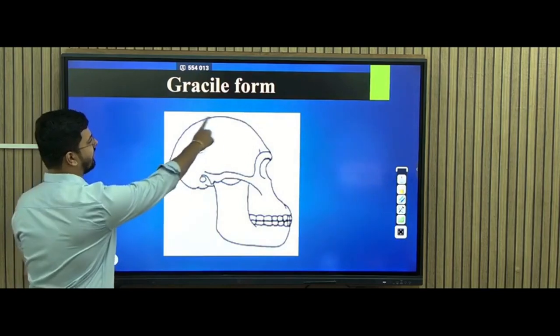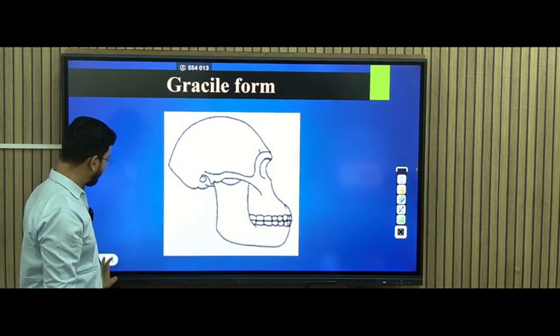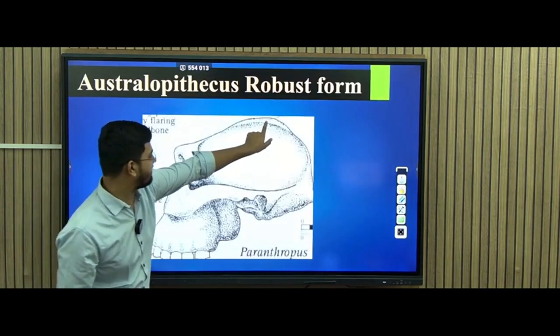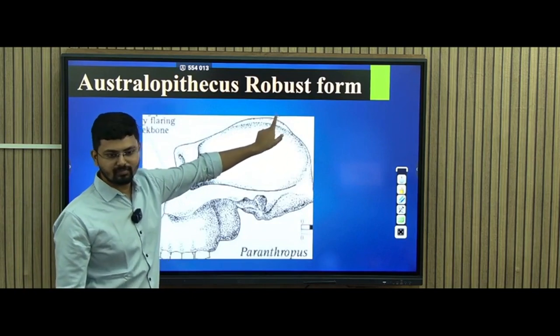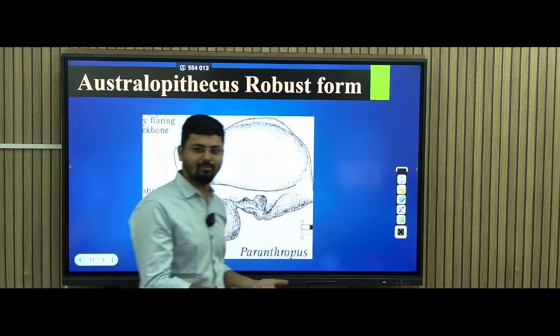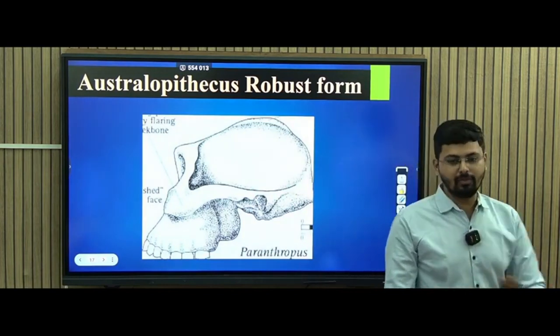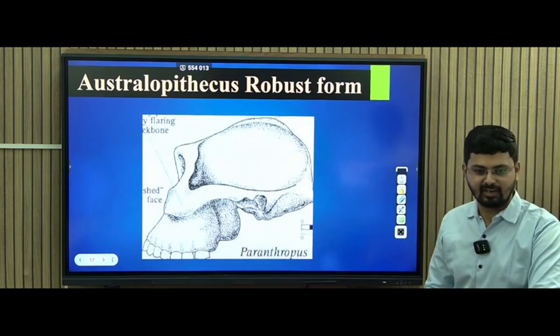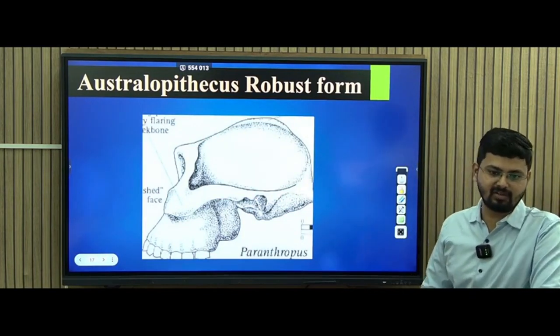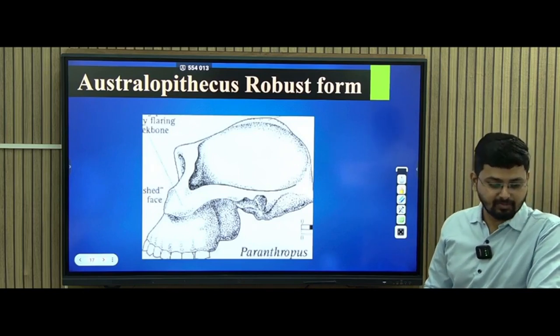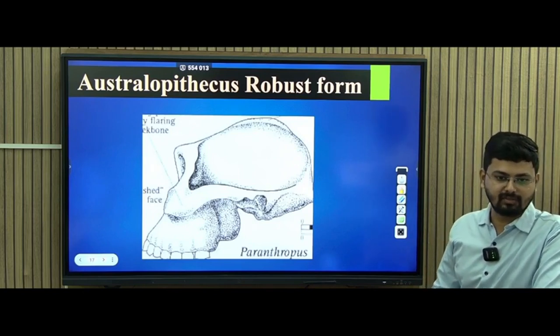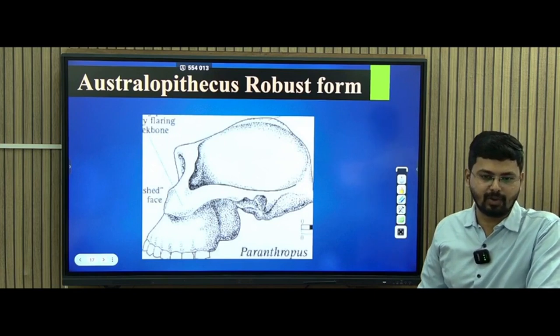You see here, where is sagittal crest here? Gracile. In robustus, you have sagittal crest. See this top part. Just recall the diagram so that it would be easy. Where sagittal crest is present, where prognathism is present. Diagrams are the best way to remember things so that you don't confuse which parts are present where.